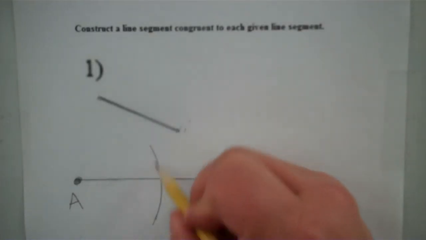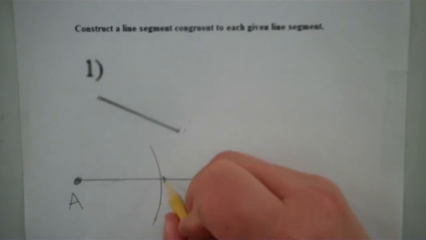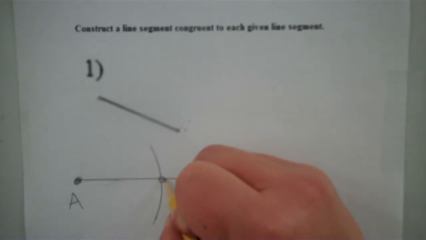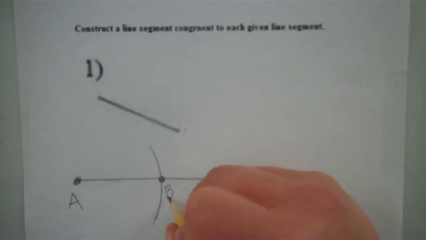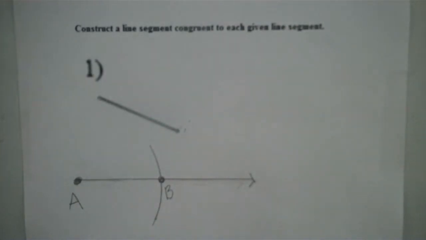The point where our arc and our ray intersect, we'll call that point B, and we now have segment AB being congruent to the segment given above.